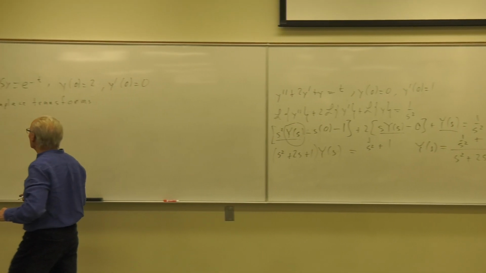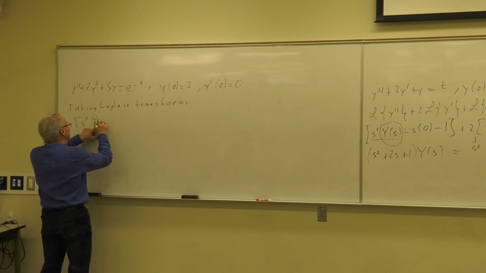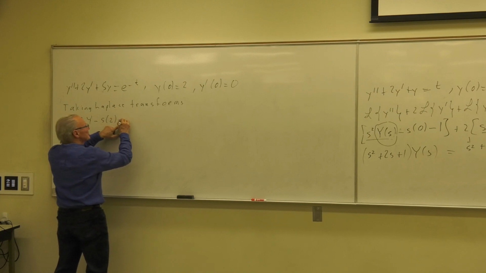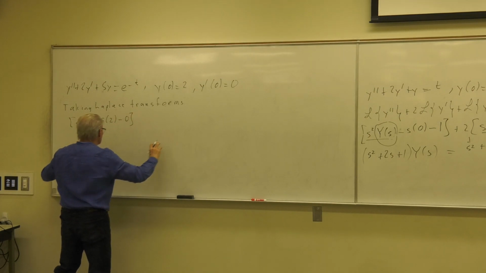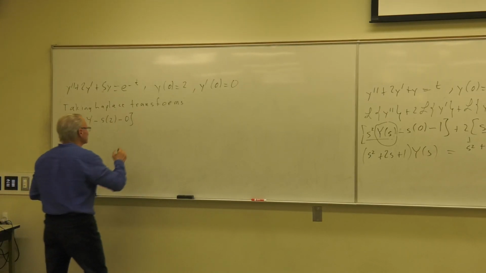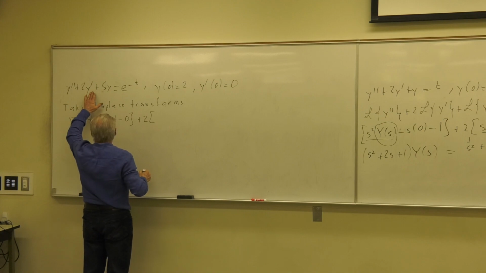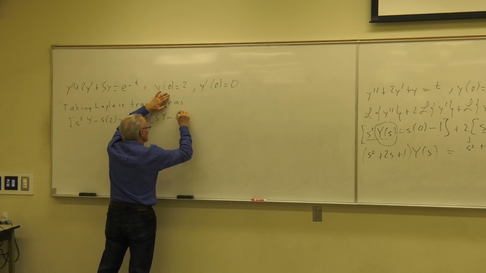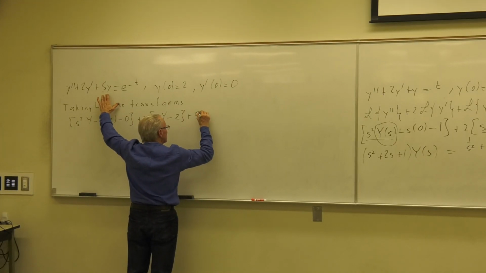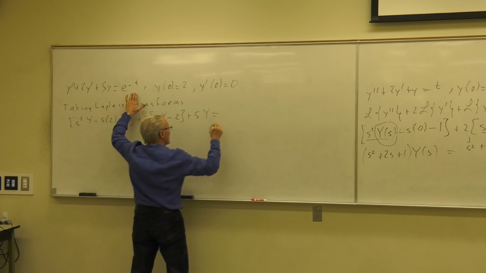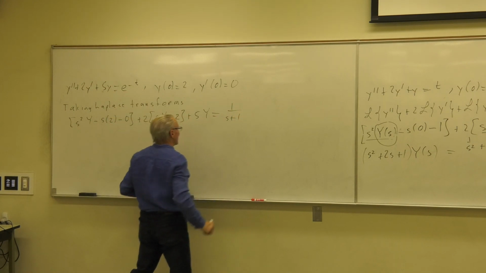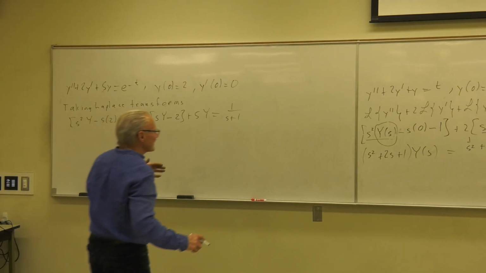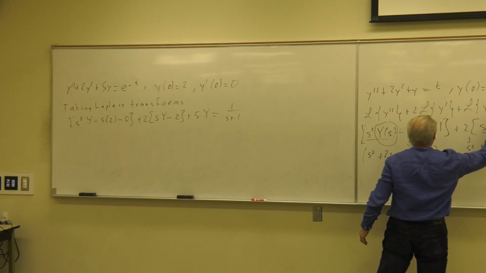Then we got minus s times the function at 0, which is 2, minus the first derivative at 0, which is 0. So that formula I erased there for the second derivative, that's what it is. Plus 2 times the Laplace transform of y prime, s big Y minus 2, plus 5 big Y equals the Laplace transform, 1 over s plus 1. So exactly the same as there. All I did was drop the big of s's, and I didn't write this intermediate line.